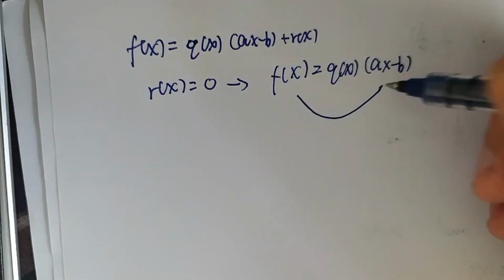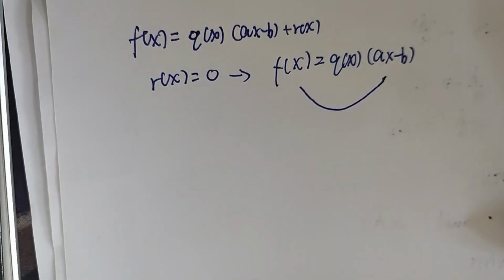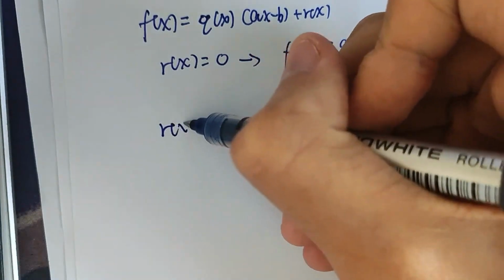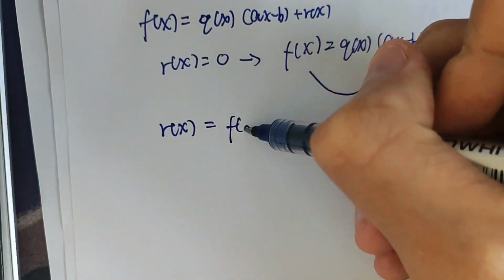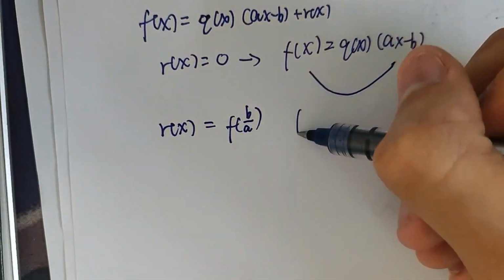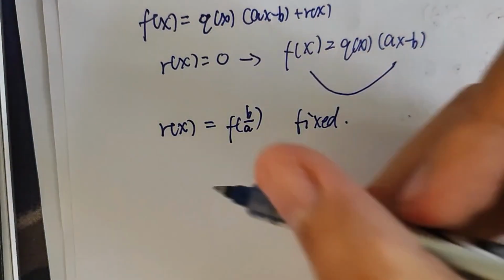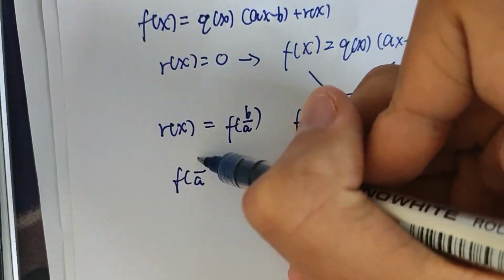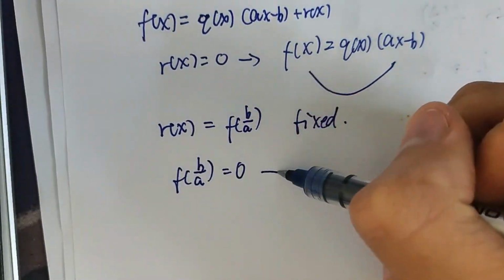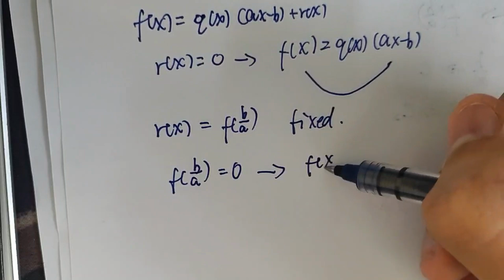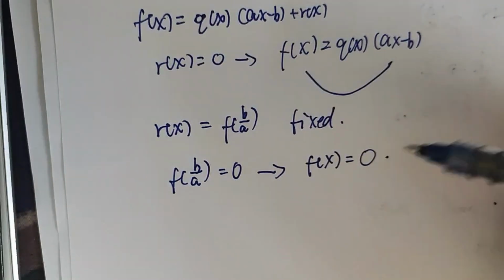But for all f(x) divided by ax minus b, we know the formula r(x) is f(b/a). So we can just put in x equal to b over a, and test if f(b/a) is 0. If it's 0, then we know the answer.